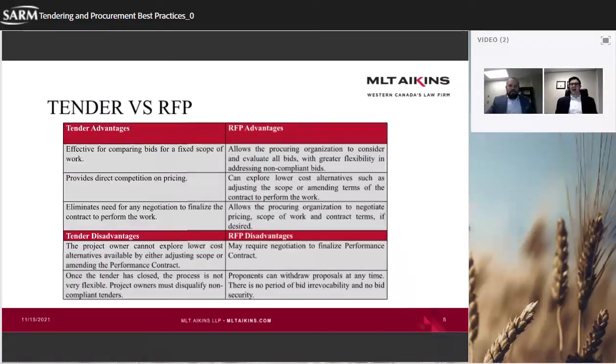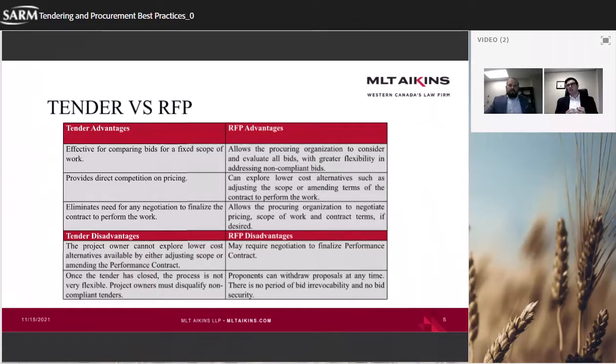At a high level, there are advantages and disadvantages to going either way. In a tender, you're locked in on price and you're getting direct competition on pricing. It's really good when you have a very defined scope of what you want. You have the scope all ready to go of what the project is going to look like, and you just go out to the market and ask how much this is going to cost.